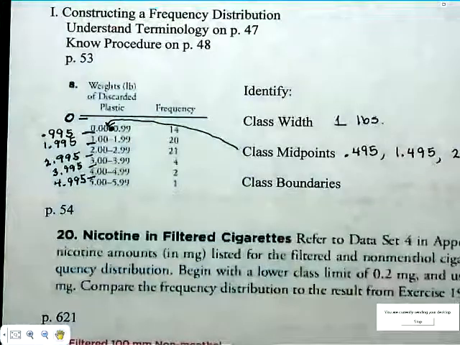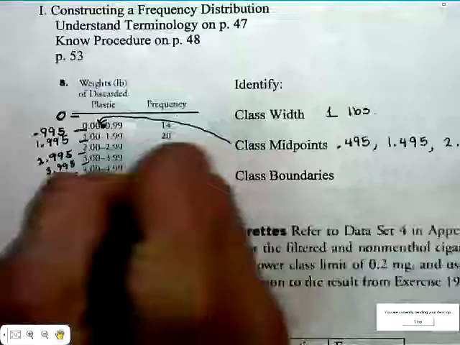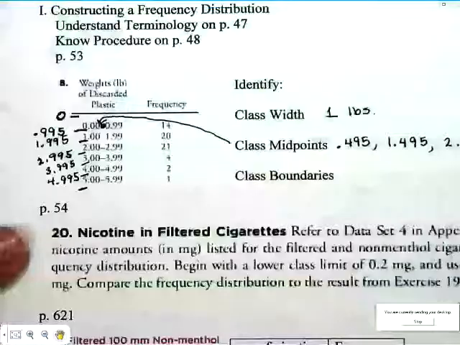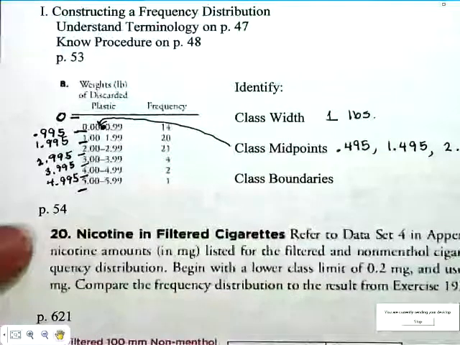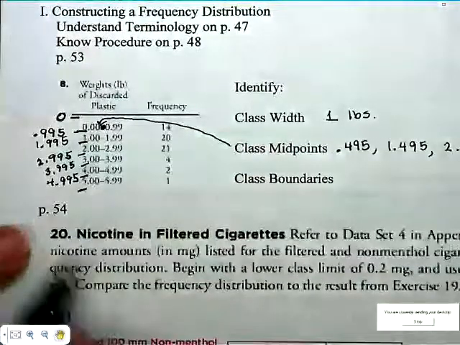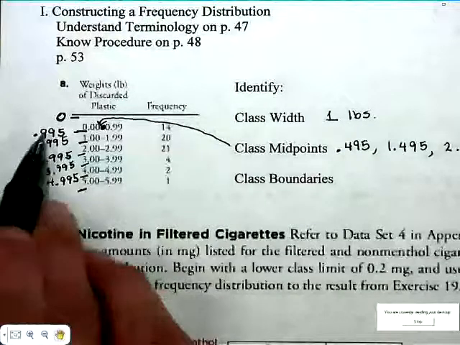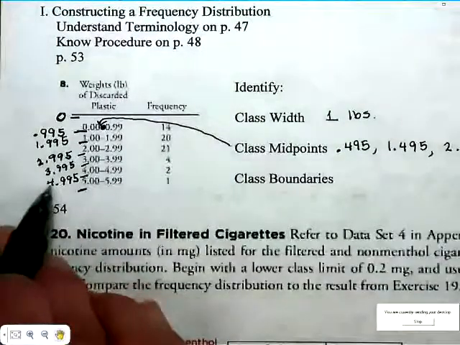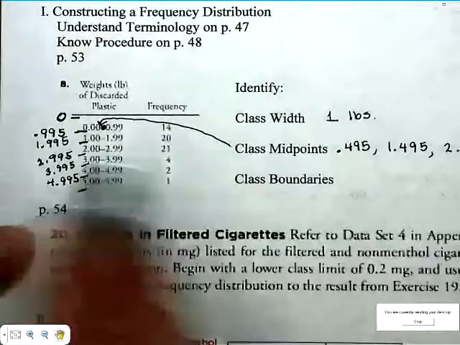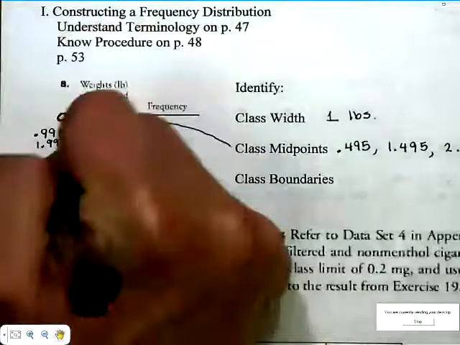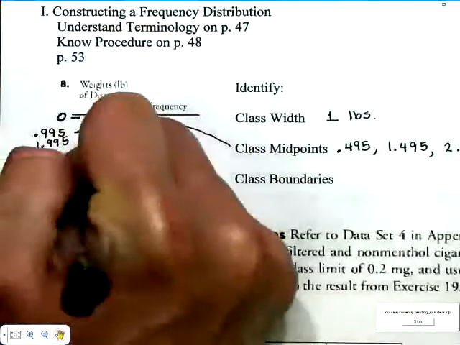And what should this right class boundary be? Well, the distance between the class boundaries needs to be the same. So if the last one we had was 4.995, the one on the right would be 5.995.